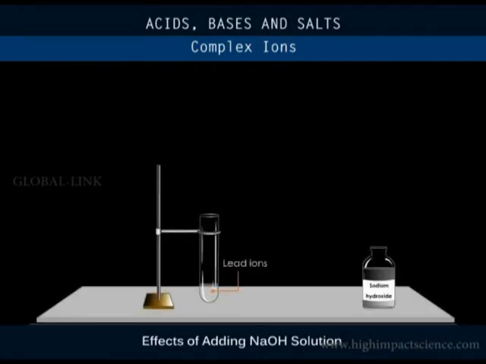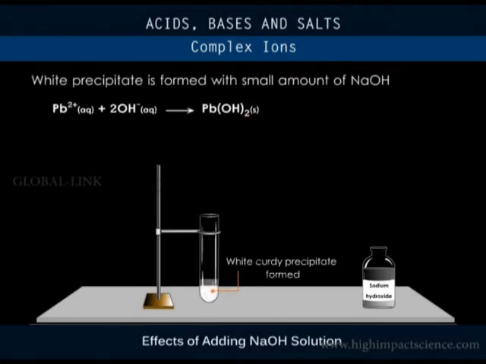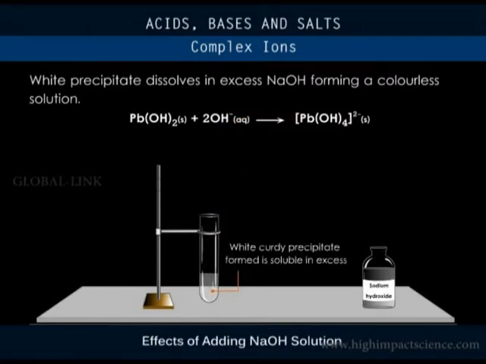Next, we have a solution containing lead-2 ions. We add a small amount of sodium hydroxide. A white precipitate is formed. We proceed and add excess sodium hydroxide, and the white precipitate dissolves.